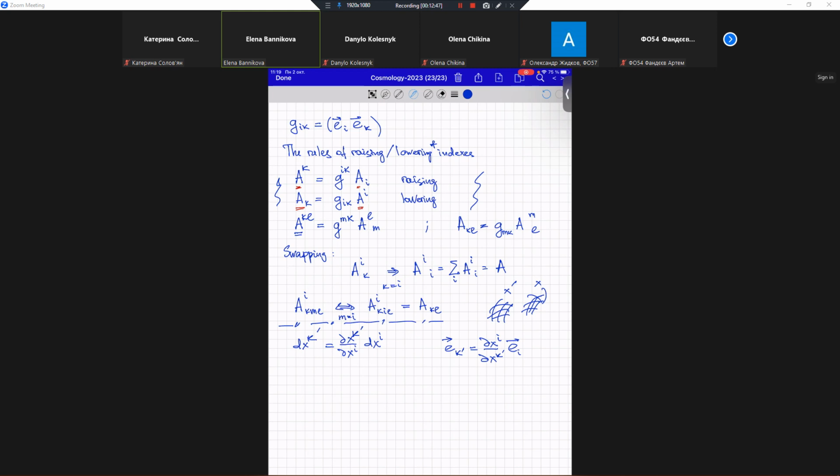Now we write the expression for the metric tensor with indices k prime, l prime: this is the scalar product e_k prime, e_l prime, and now I put in all these expressions.